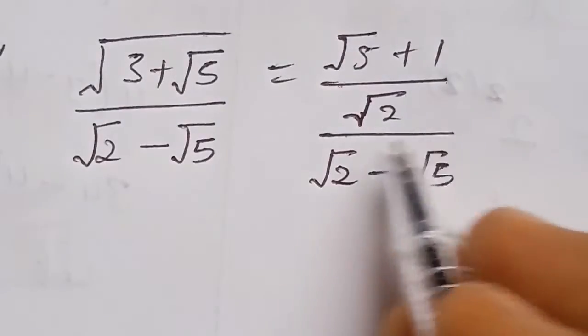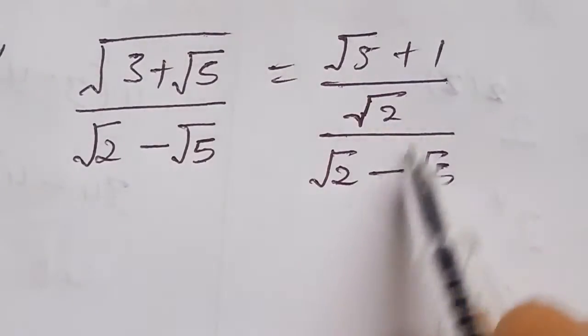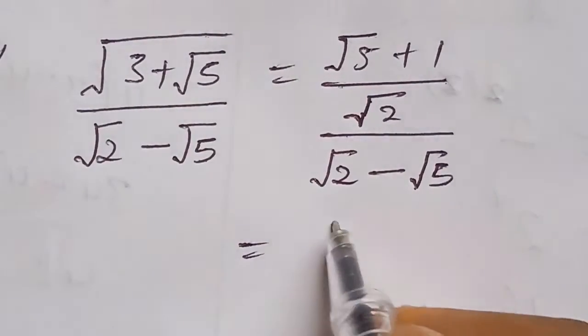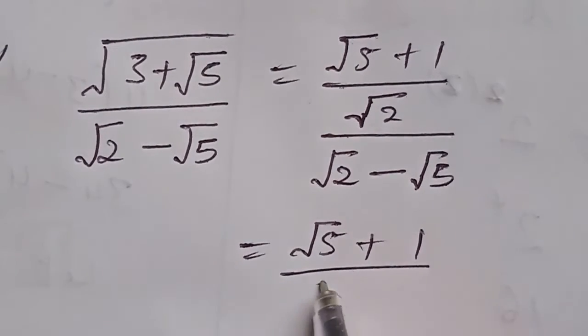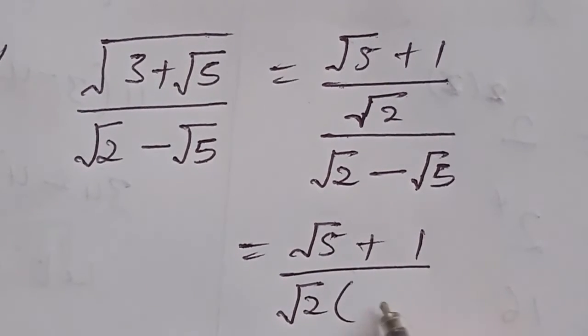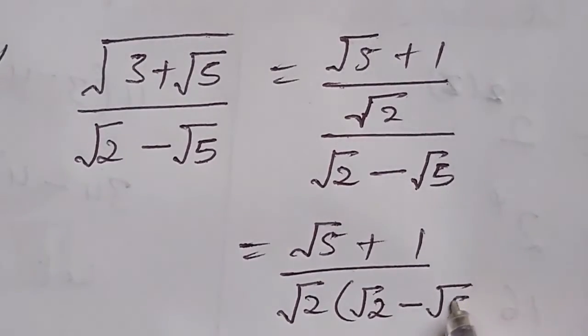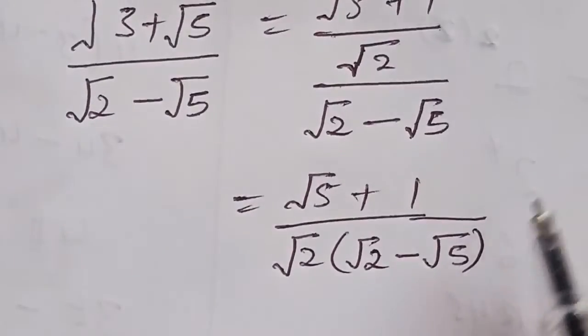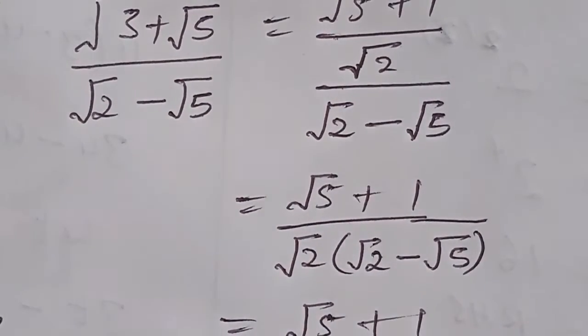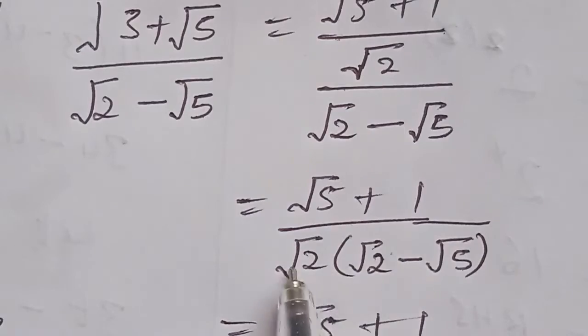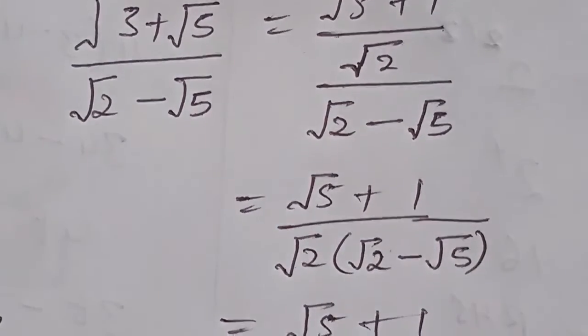So from this expression at the left hand side, it will flip, and that will be equal to square root of 5 plus 1 over square root of 2 into bracket square root of 2 minus square root of 5. Now this is simplified as square root of 5 plus 1, multiplying this with the bracket.